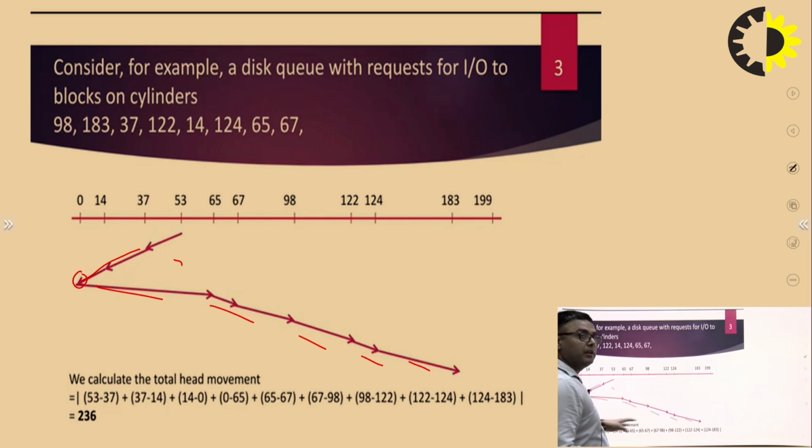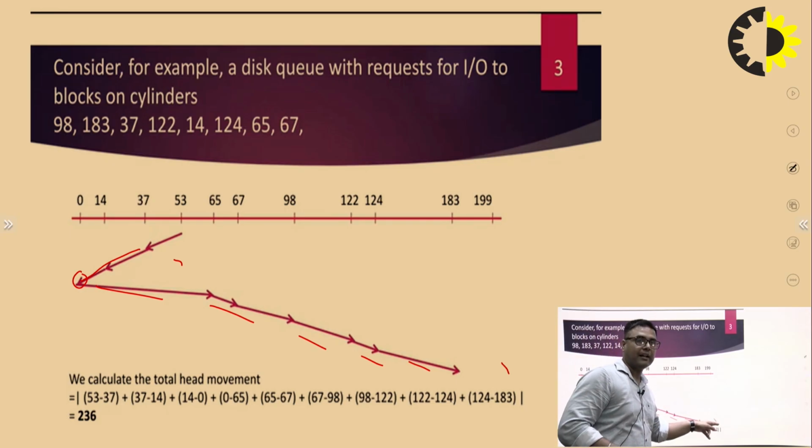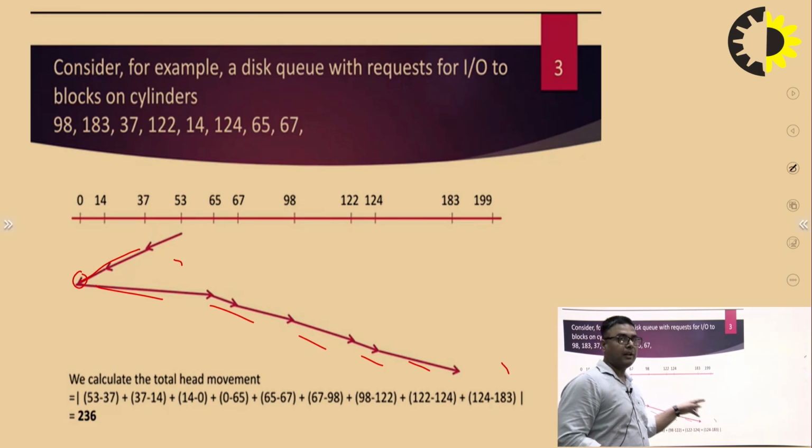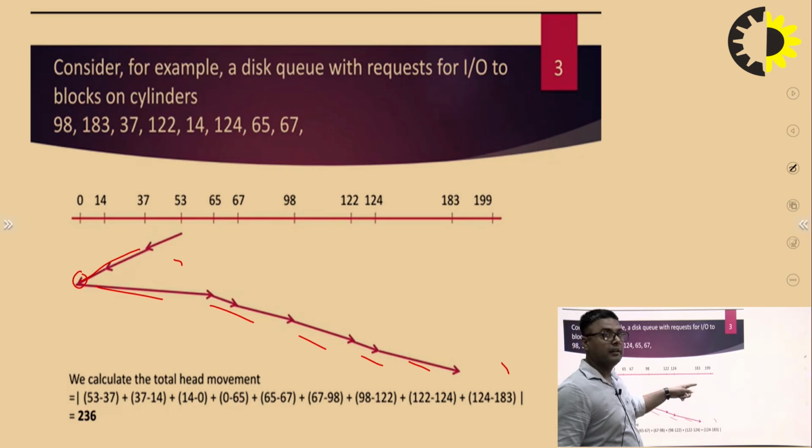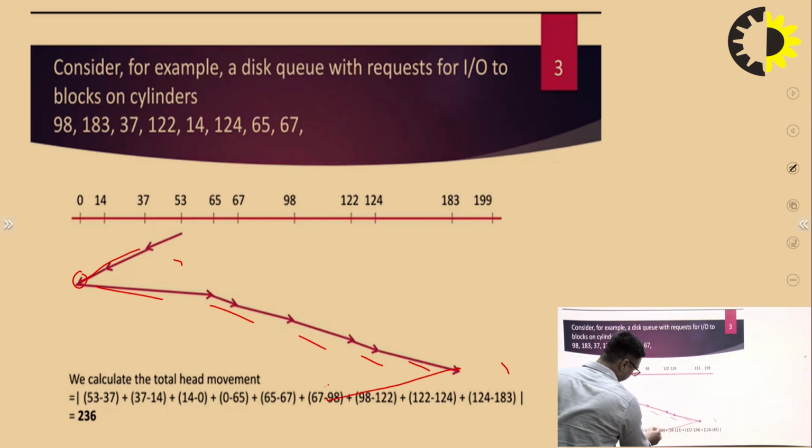But in circular scan it is totally different. In circular scan, we move to the last position and again move to the last position of the track. If the track value is given as 199, that means 0 to 199. So the position is moved from 0 to 199. Then you have to enter the tracks one by one.